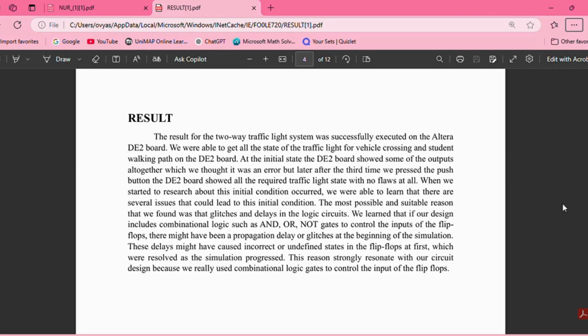These delays might have caused incorrect or undefined states in the flip-flops at first, which was resolved as the simulation progressed. These reasons strongly resonate with our circuit design because we really used combinational logic gates to control the input of the flip-flops.